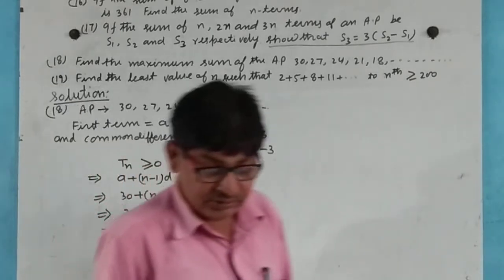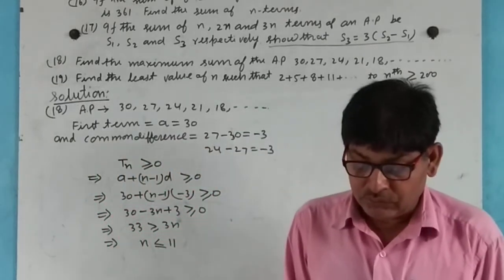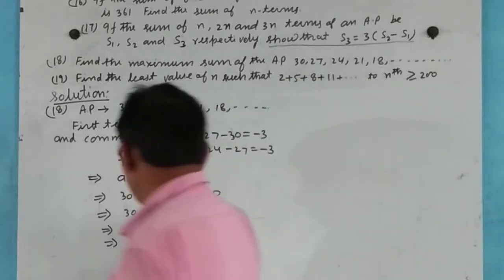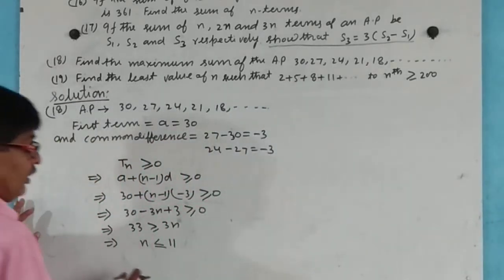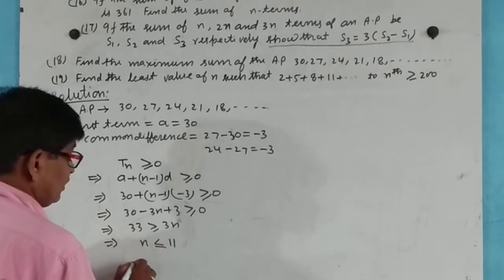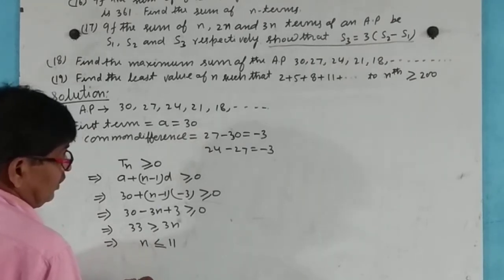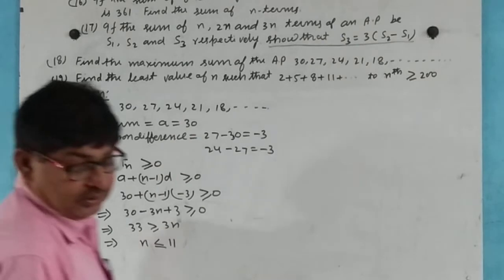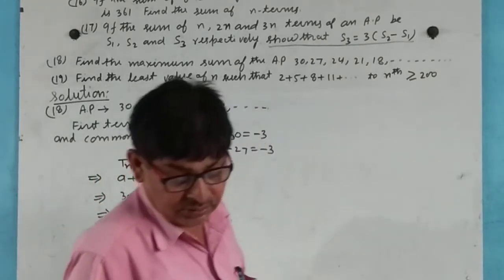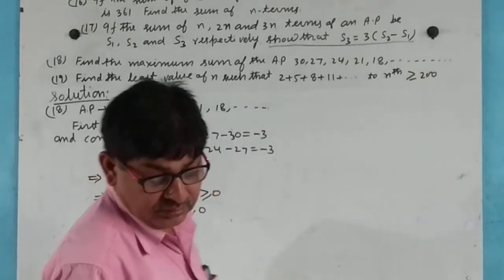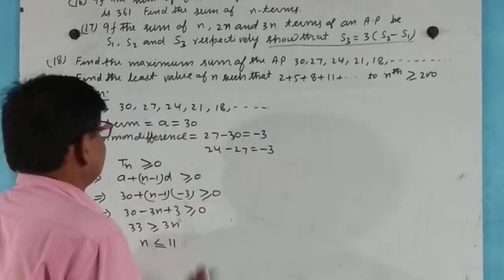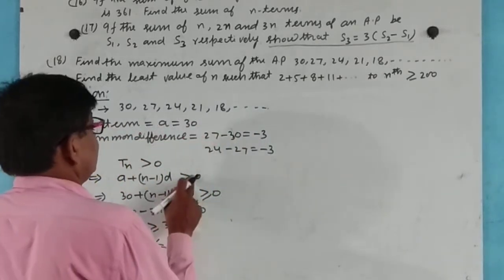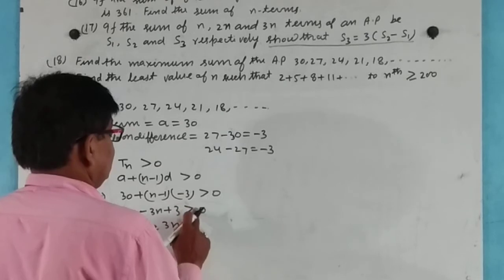In this case, n is less than or equal to 11. Any value of n less than 11, it means that less than or equal to 11, it means that Tn is greater than 0.